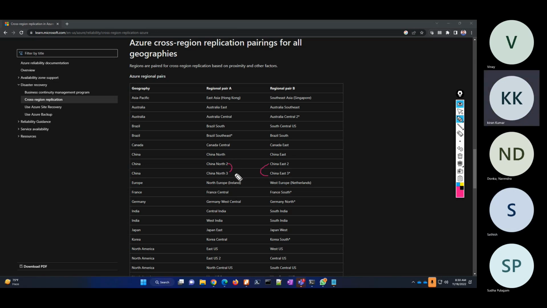I can tell you, Microsoft mentions it: they maintain a distance of 300 miles. First thing, a 300-mile distance is maintained. In case one region is hit by a disaster, like an earthquake or heavy rains, and it is entirely destroyed or something goes wrong, the other region still needs to provide the services.